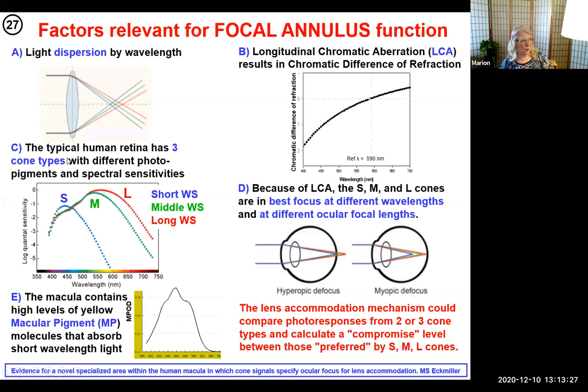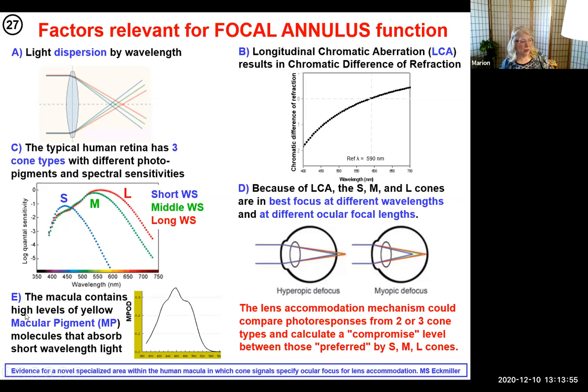And we have three types of cones: short, medium, and long wavelength sensitive, whose spectral sensitivity and photopigments vary. We can use all of that information. Because of longitudinal chromatic aberration, the S, M, and L cones are in best focus at different wavelengths and at different ocular focal lengths.